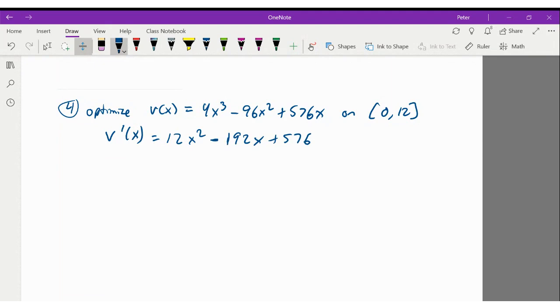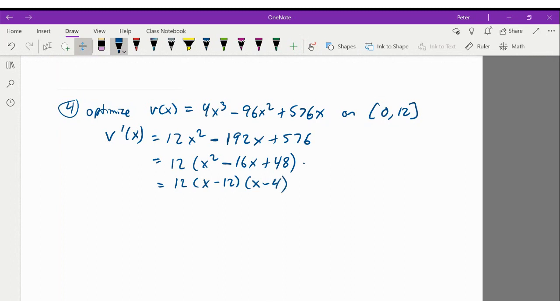This is going to be a little easier to deal with if I factor it, because the idea is I want to set V prime to 0. So this becomes 12 times (x squared minus 16x plus 48), and in factored form, that is 12 times (x minus 12)(x minus 4).